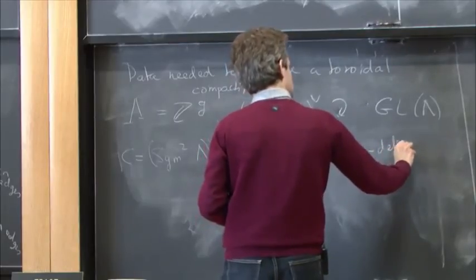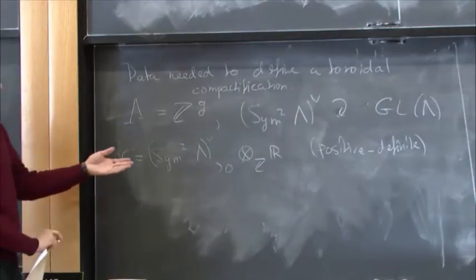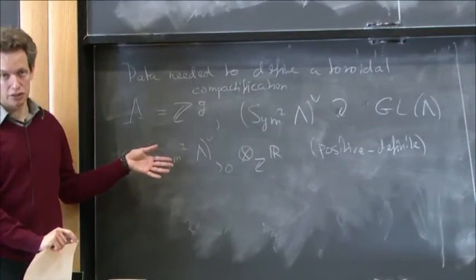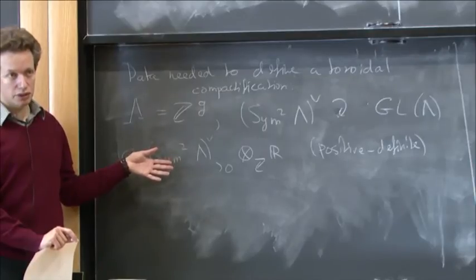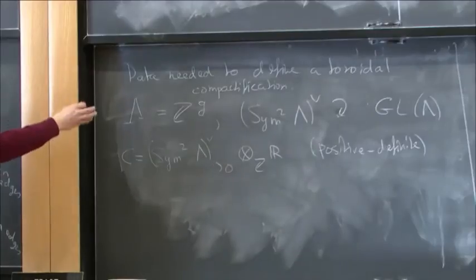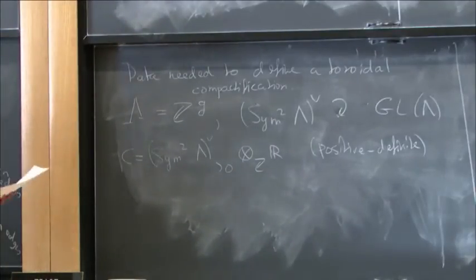How does this arise in compactifying? Well, you can think that this is more or less the imaginary part of a period matrix, right? It's a symmetric matrix which is positive definite. That's what it is. And this is non-compact. The duals here are so that the things work out correctly. And you would like to compactify it.